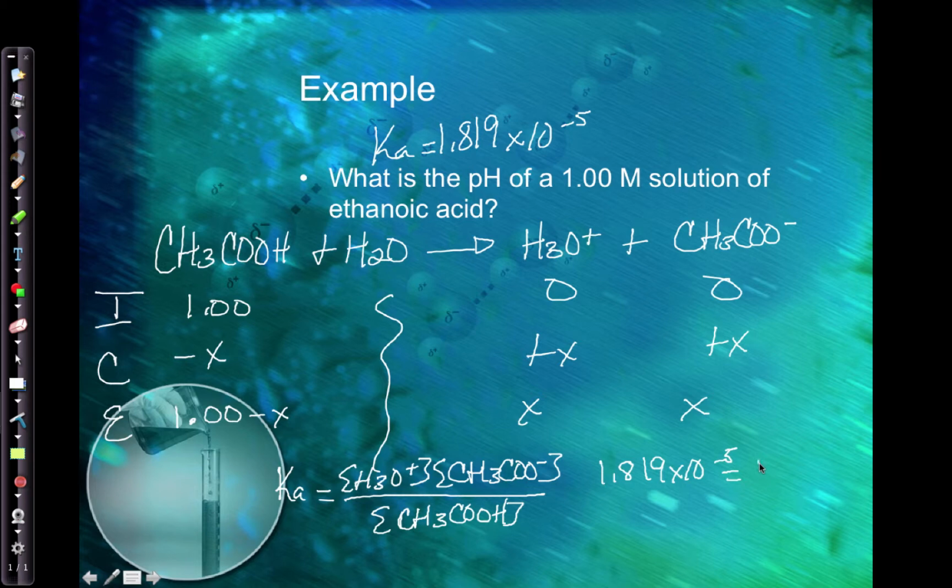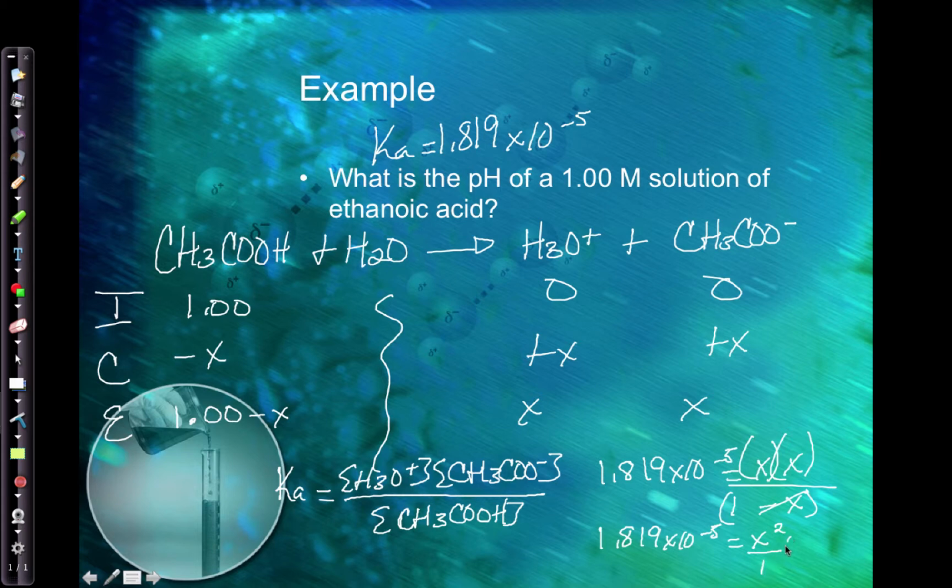Well, hydronium is x, acetate is x, and this is 1 minus x. All right, so K is very small. I'm going to approximate, get rid of that x. So it's 1.819 times 10 to the negative 5th is equal to x squared divided by 1.